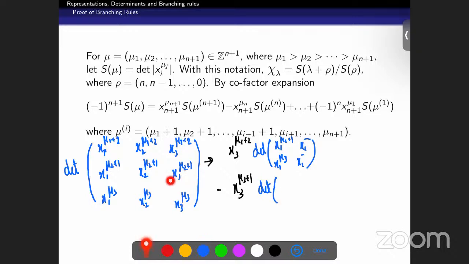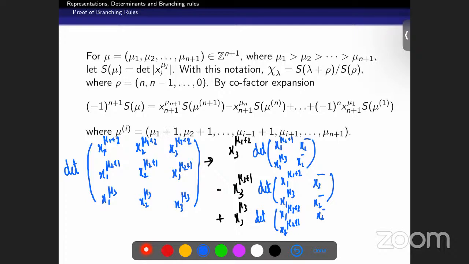So see, we are looking at this x3, so this term and this term are there, right? So we'll be having x1 power mu1 plus 2, same power with x2, and x1 power mu3, and same power with x2. And lastly, we'll be having plus x3 power mu3 determinant of x1 power mu1 plus 2, x2, x1 power mu2 plus 1, and the same powers with x2, right?